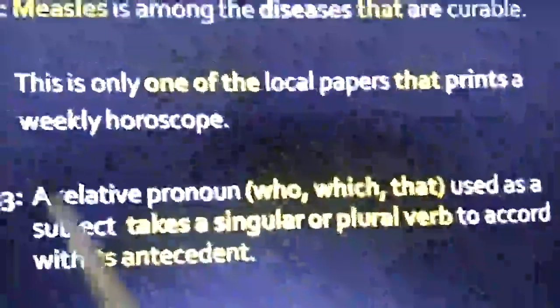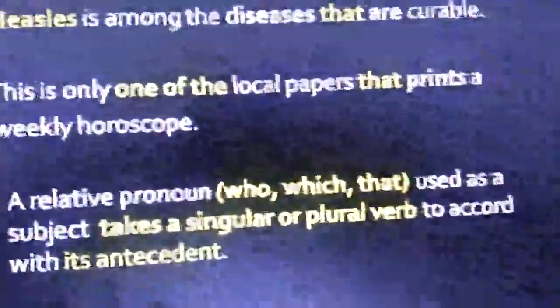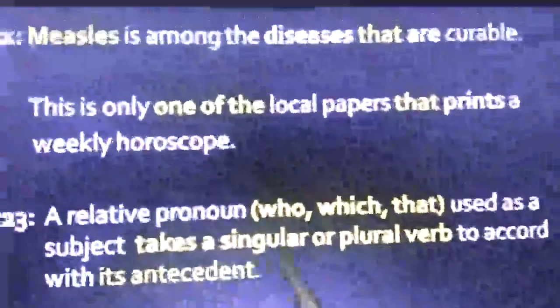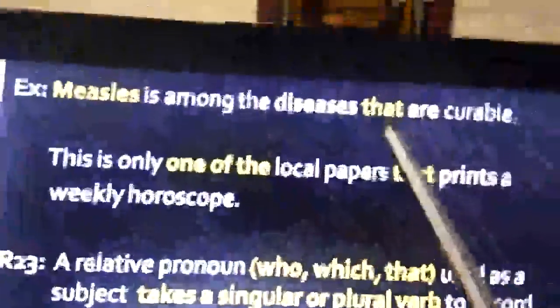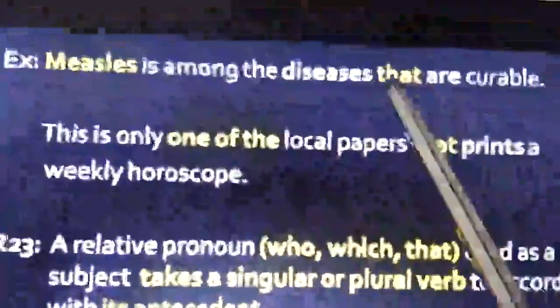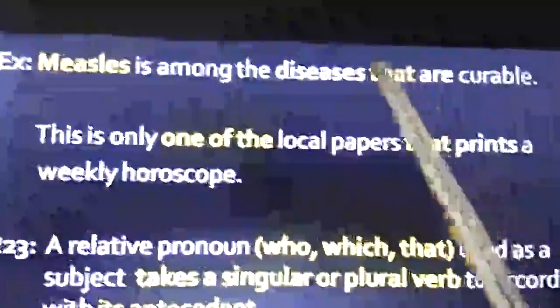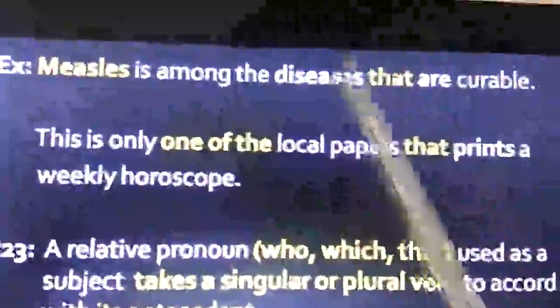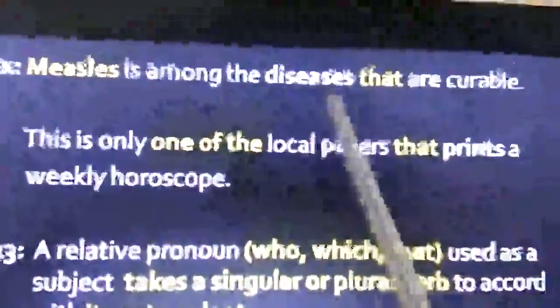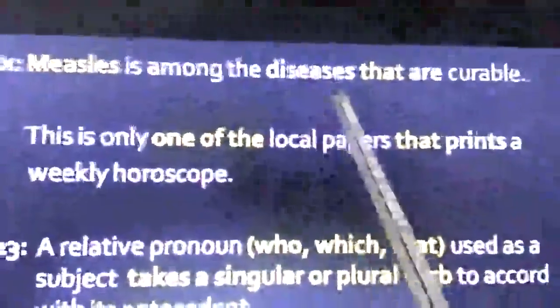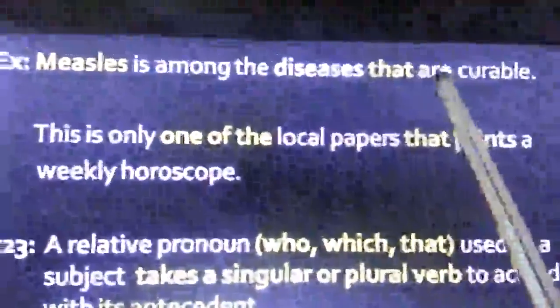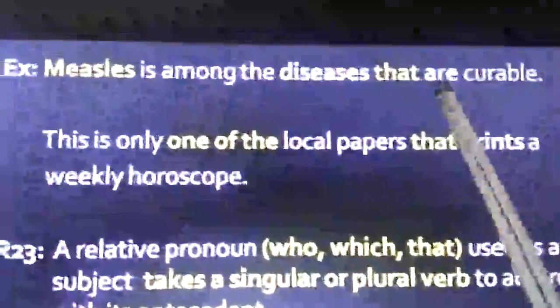A relative pronoun used as a subject takes a singular or plural verb to accord with its antecedent. That means here the relative pronoun is that, and it is preceded by a subject in plural, that is diseases, and so the verb that we are using is are.